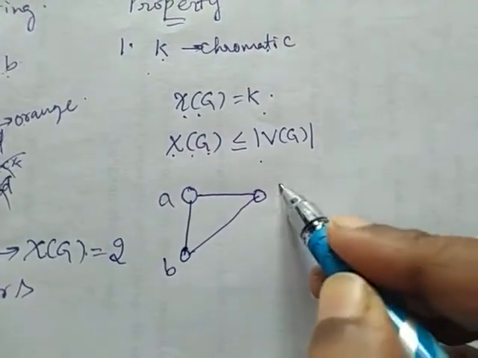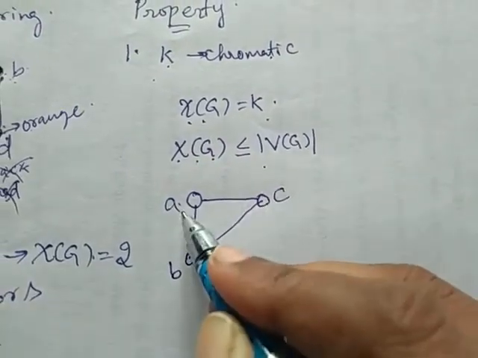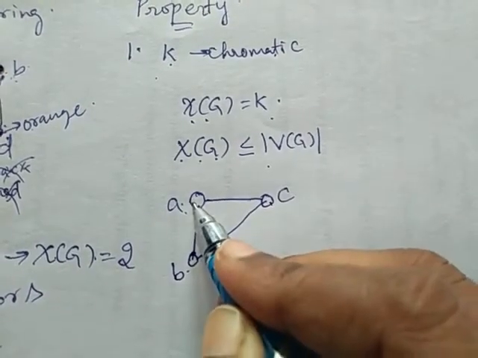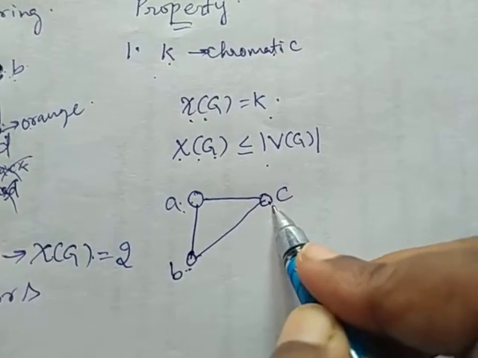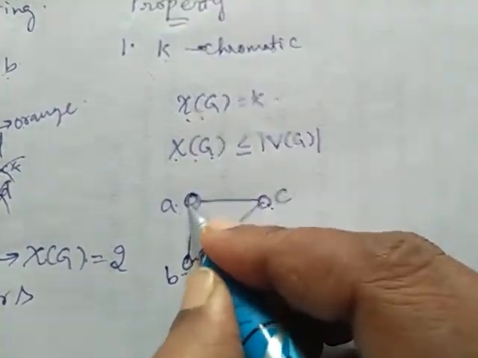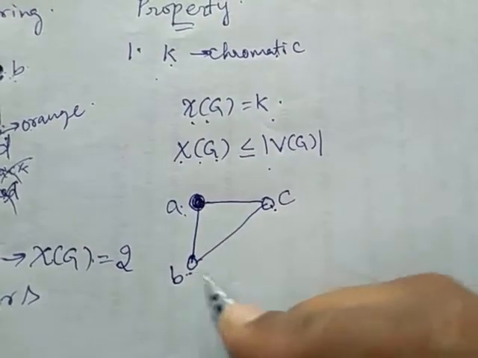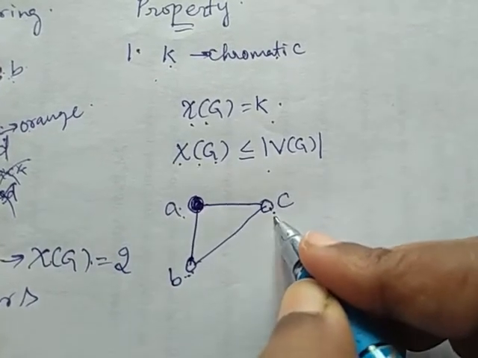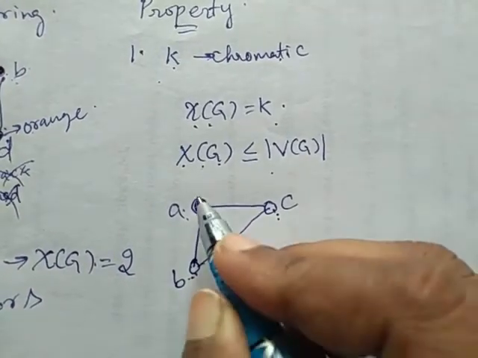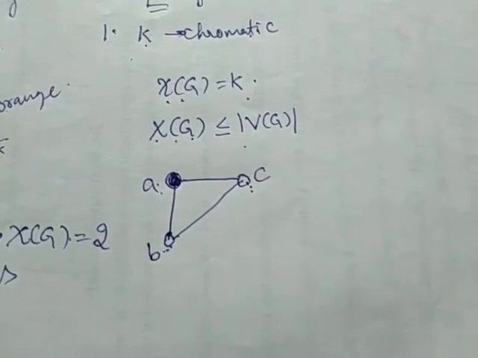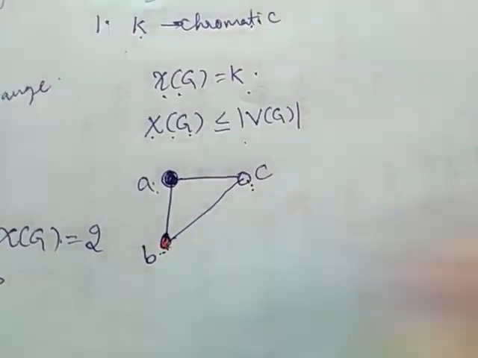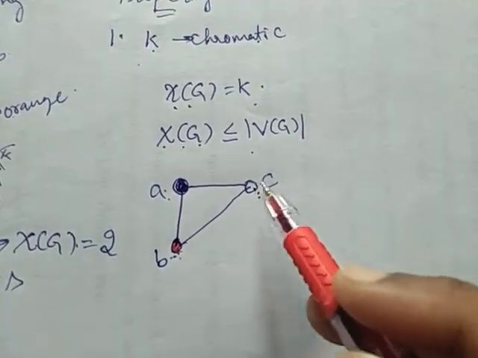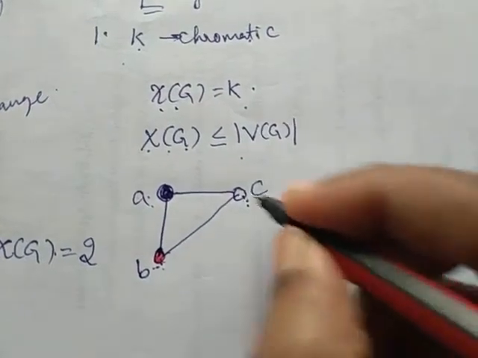In this, A is adjacent to C, B is also adjacent to C. So, whatever colors A and B have used cannot be used for C. Suppose I take A as blue, I cannot take blue color for B. I cannot take blue color for C. So, obviously I should take some other color than blue. So, I will take it as red. Since C is adjacent to blue and red, obviously it should not be red. I will take it as black.